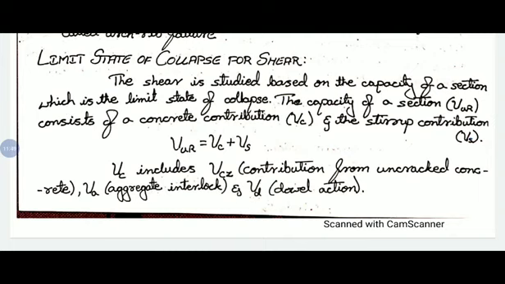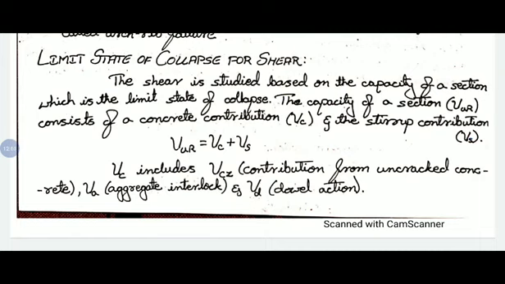So shear reinforcement will carry some amount of shear force and concrete will carry some amount of shear force coming in the section. So that's why we have contribution of concrete as well as stirrups to carry the shear force in the member. So Vur is the capacity of the section, Vc is the concrete contribution, and Vs is the stirrup contribution.